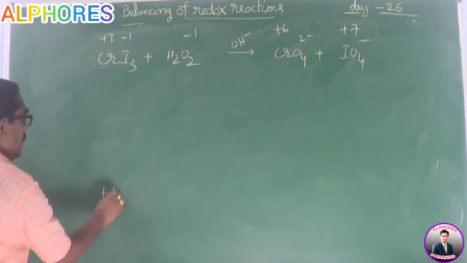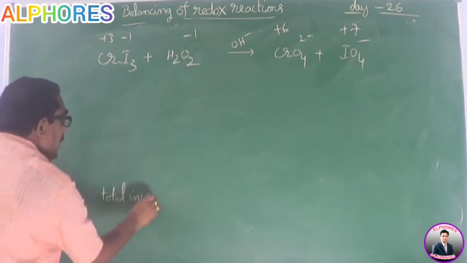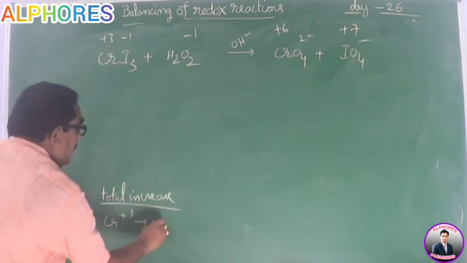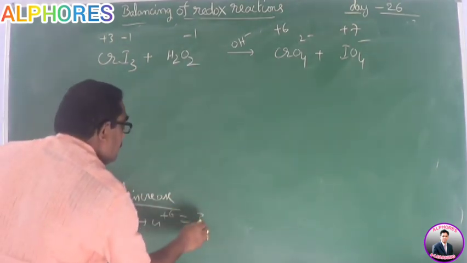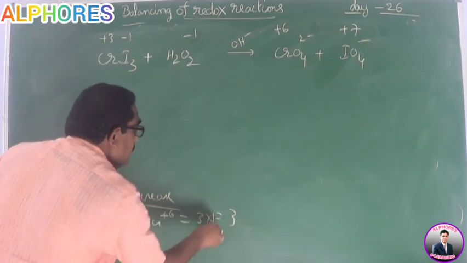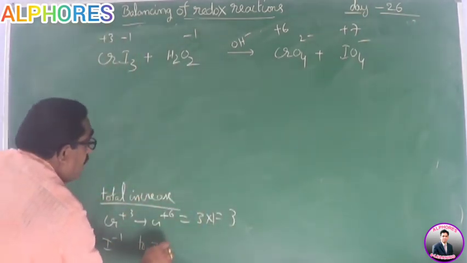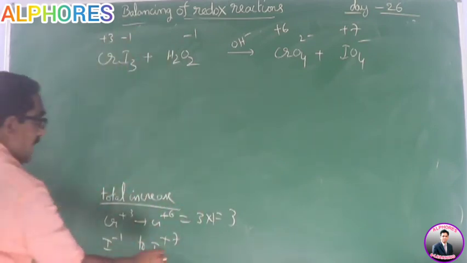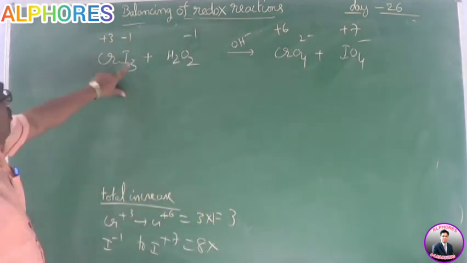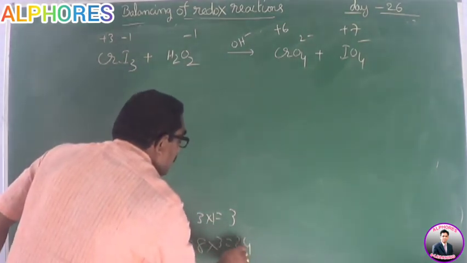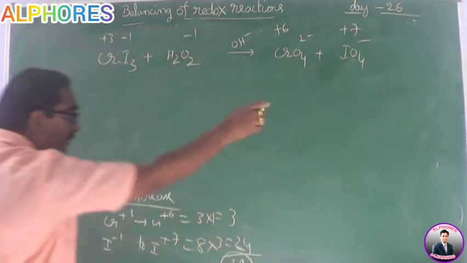Total increase: chromium plus 3 to plus 6, change 3, only 1 chromium, so 3. Iodine minus 1 to plus 7, change 8, and 3 such iodines, that is 24. So total increase is 27.